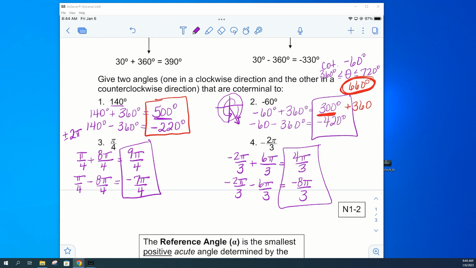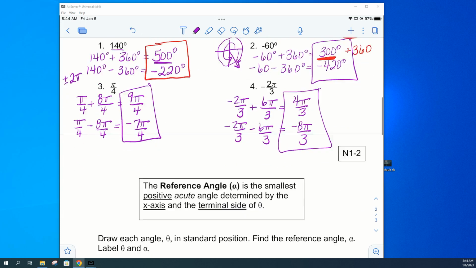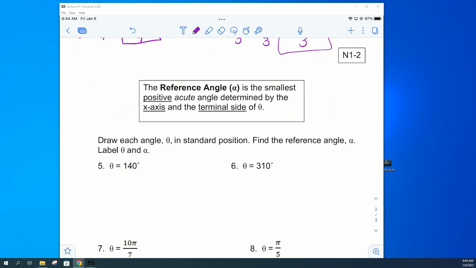The next thought are reference angles. A reference angle is the smallest, two very important words here, positive acute angle determined by the x-axis and the terminal side of theta.